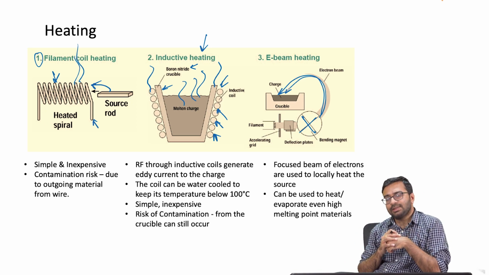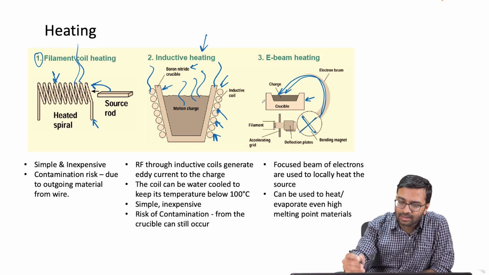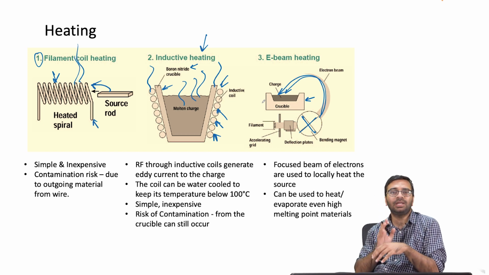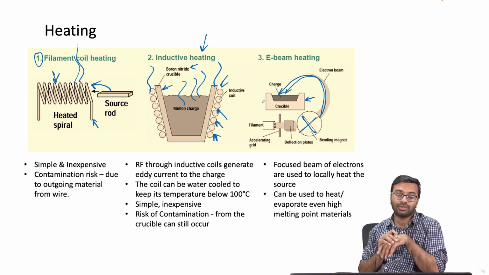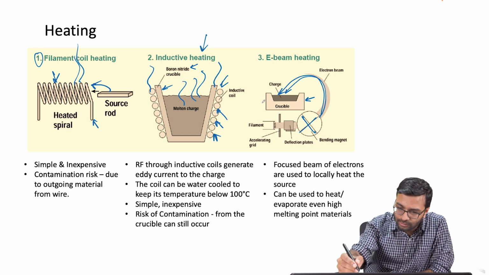So, in this case the crucible or say any other filament is not getting heated, rather only the source material is getting heated and only the source material is evaporating. So, the risk of contamination in this case is much lower, because it takes help of electron beam.